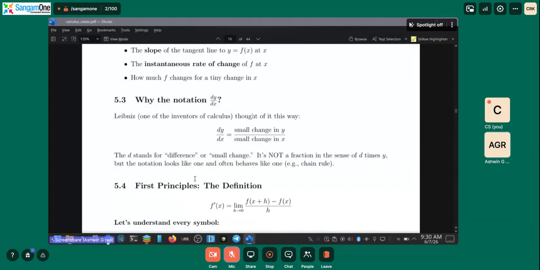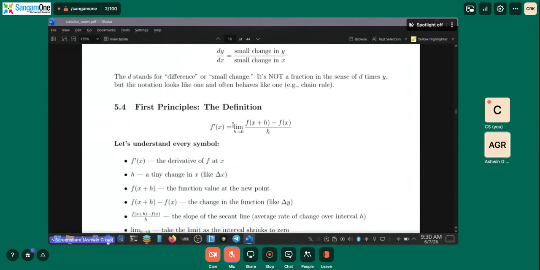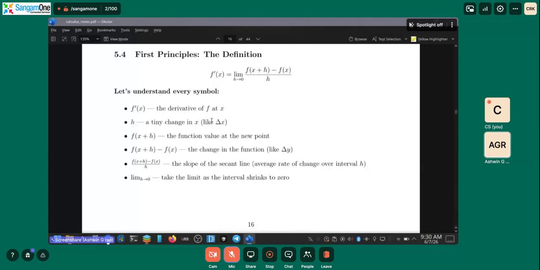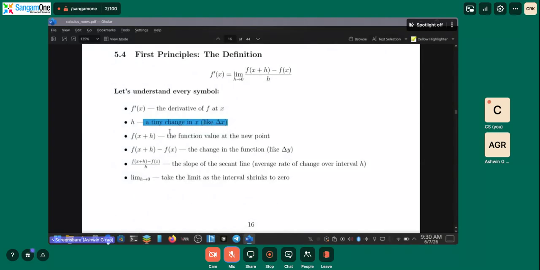And also first principles. The definition is f dash of x is equal to the limit as h tends to 0 of f of x plus h minus f of x, divided by h. Here h is a tiny change in x, like the delta x I mentioned in the first section.